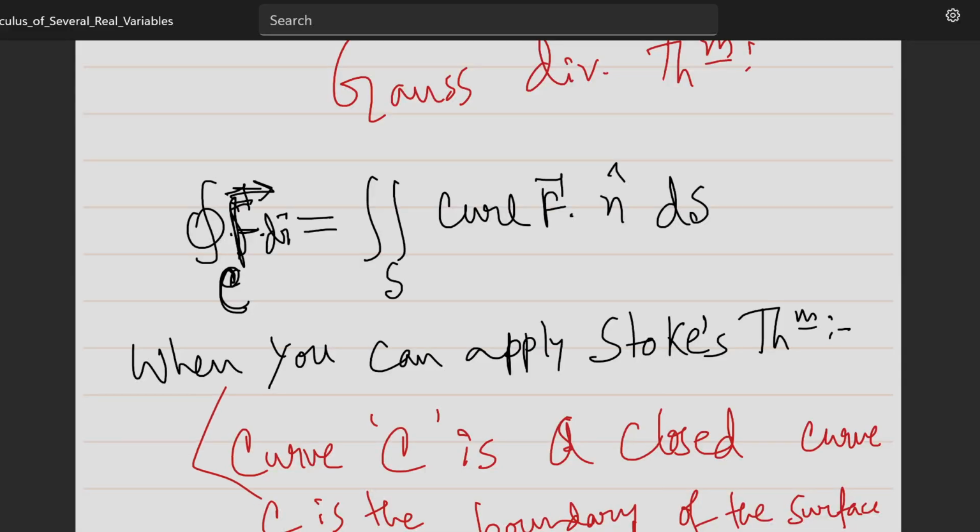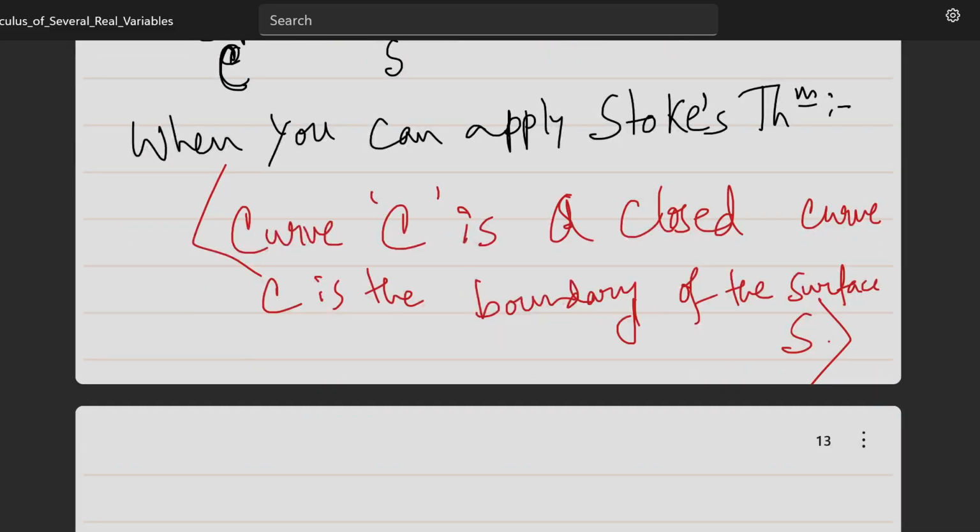It is the most important, okay? Whatever I wrote in red color, when you apply Stokes theorem, is that the curve is a closed curve. F being differentiable is another issue. In most of the problems, you will get F differentiable. But the main issue is whether the curve is a closed curve or not. Then you apply Stokes theorem or Green's theorem, whatever, both.